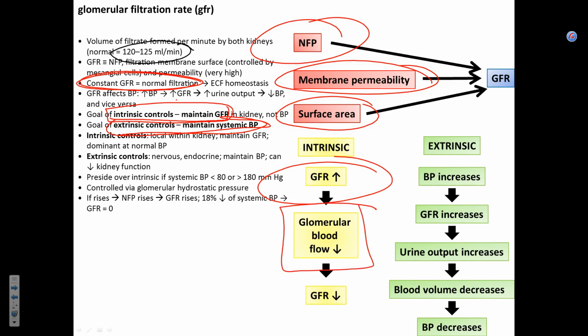They will basically reduce the blood flow through the glomerulus that will maintain GFR constant. We clear? So intrinsic controls essentially regulate glomerular filtration rate in kidneys at the normal blood pressure in the normal conditions. Are we clear?